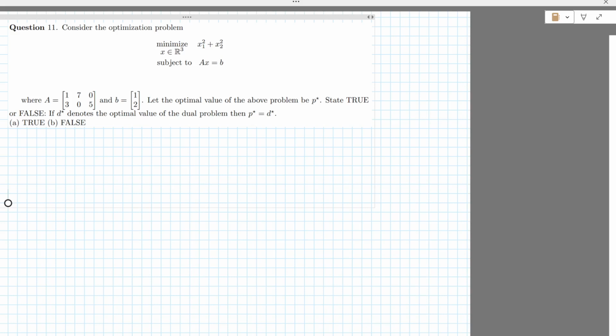So what was an easy way that was taught to us: if you have a convex optimization problem and Slater's condition holds, then the primal optimal is equal to the dual optimal.